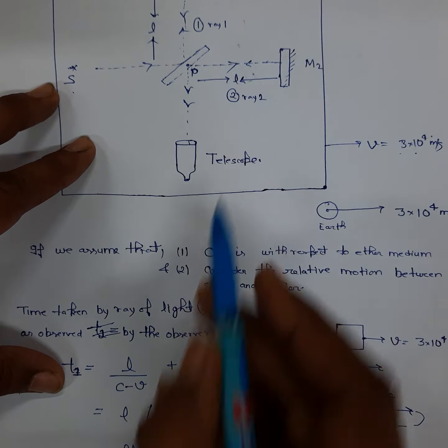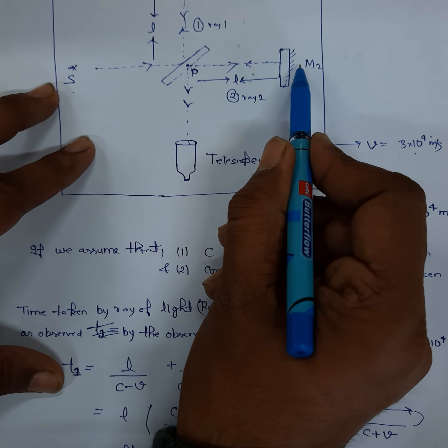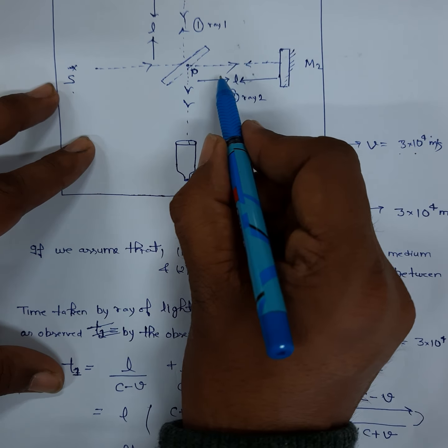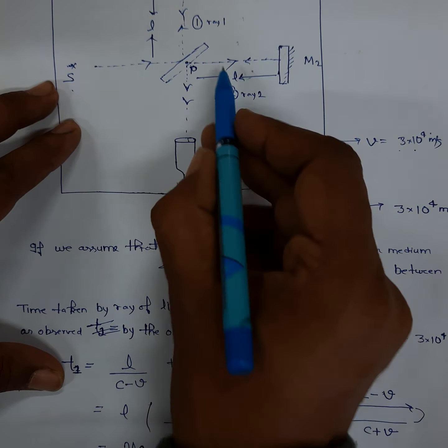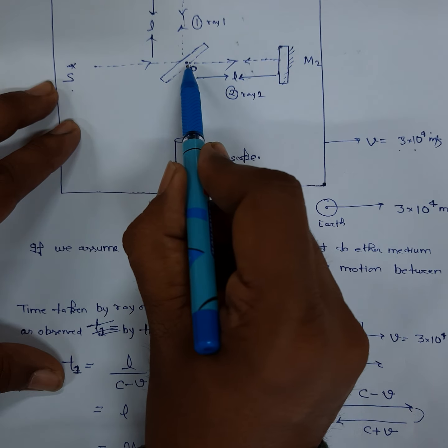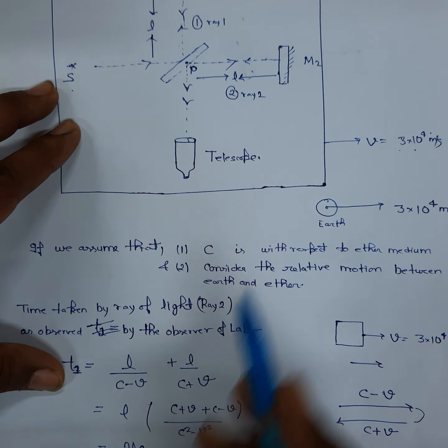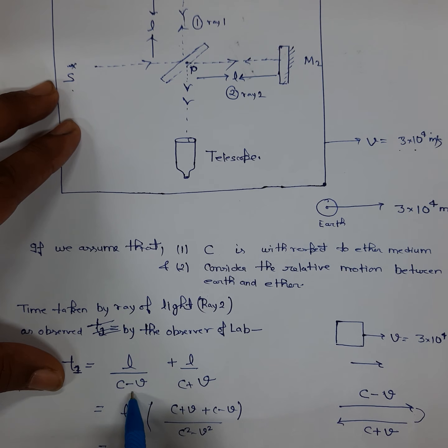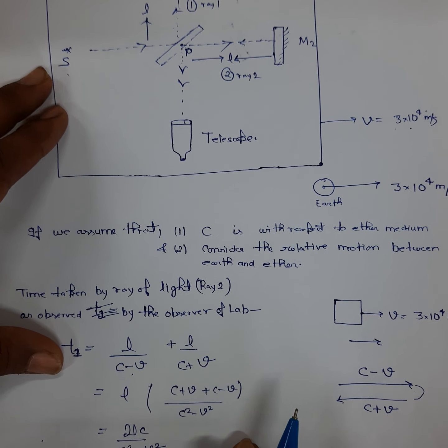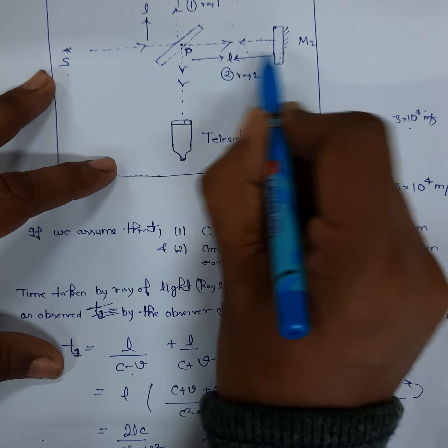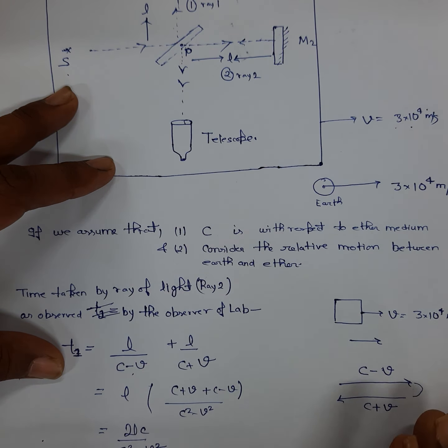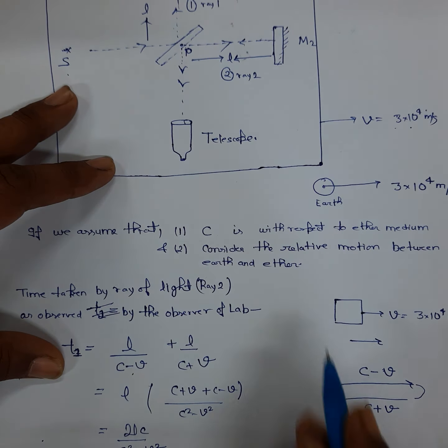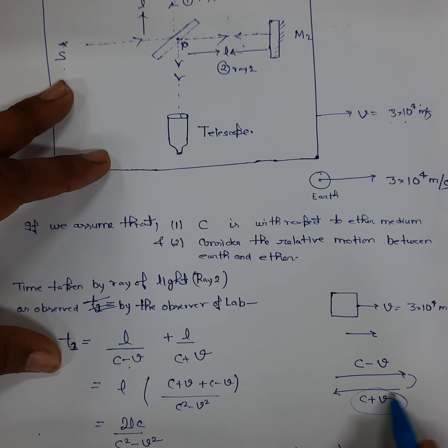So when the light propagates from P to M2, the observer will observe the velocity c minus v, and the time taken by the light in traversing from P to M2 will be L by c minus v. But when the light is reflected back, the light and the observer are moving in opposite directions, hence the observer in the laboratory will notice the velocity c plus v.